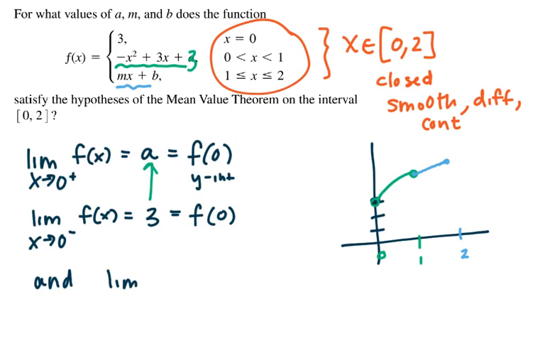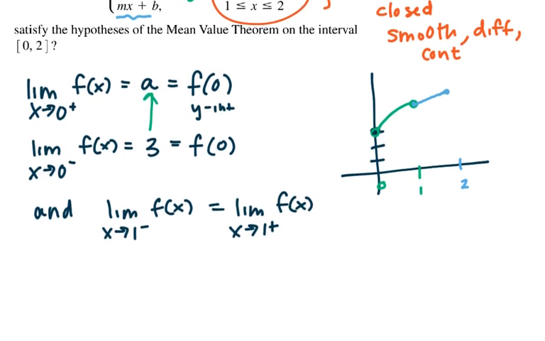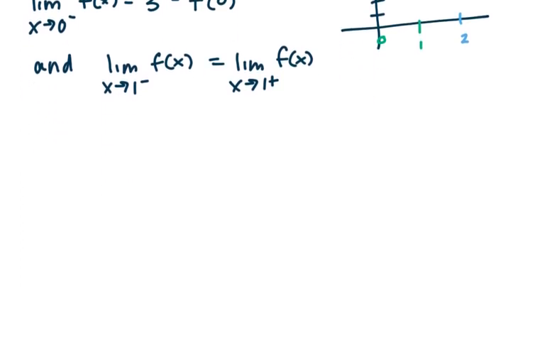So the limit as x approaches positive 1 from the left of my function needs to equal the limit as x approaches 1 from the right of my function, because we want them to meet at the exact same point. So what I'm going to do is consider f of x at x equals 1.